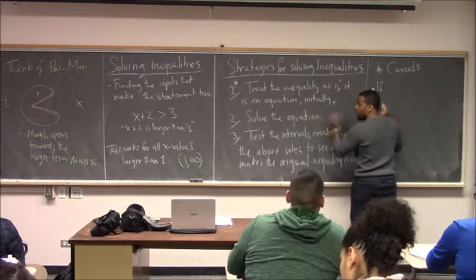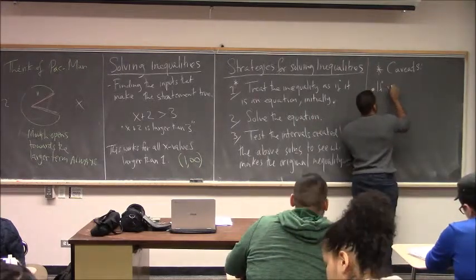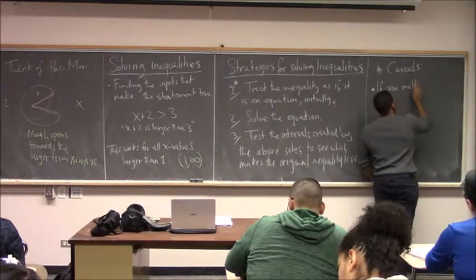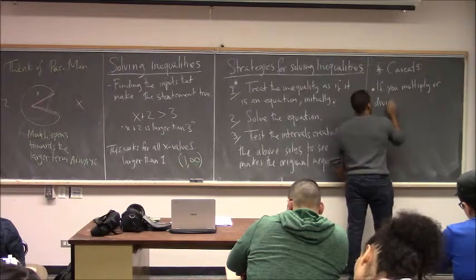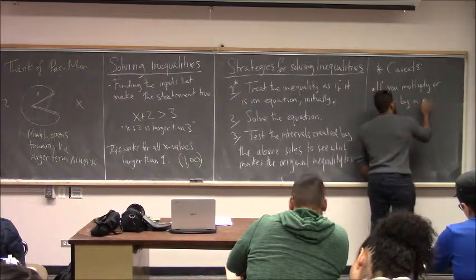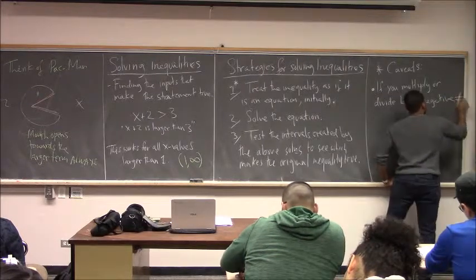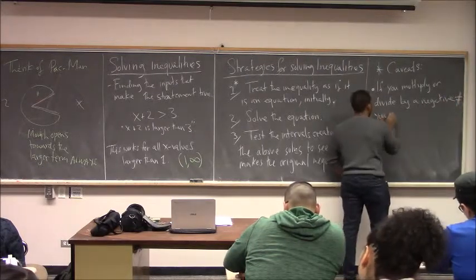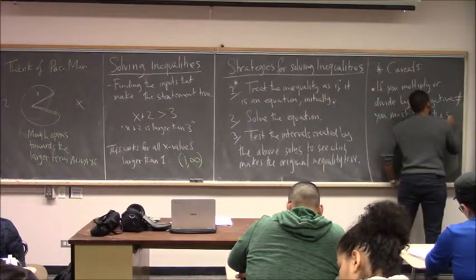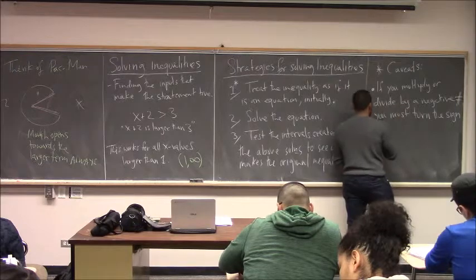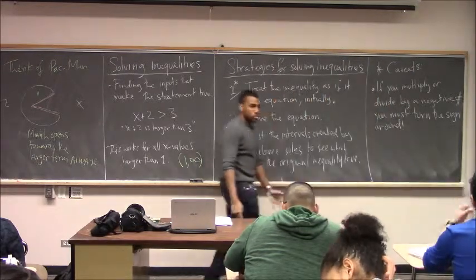If in order to solve the equation you have to multiply or divide by a negative number, you must turn the sign around. So that's the first difference.